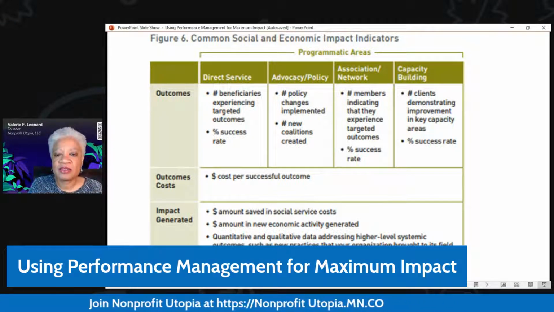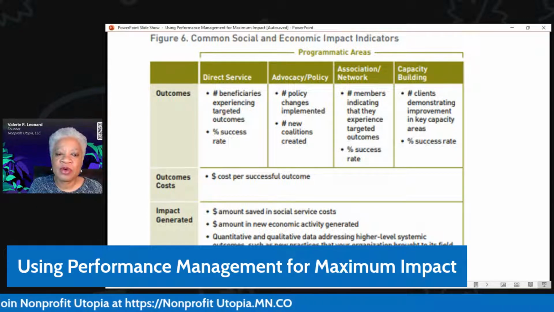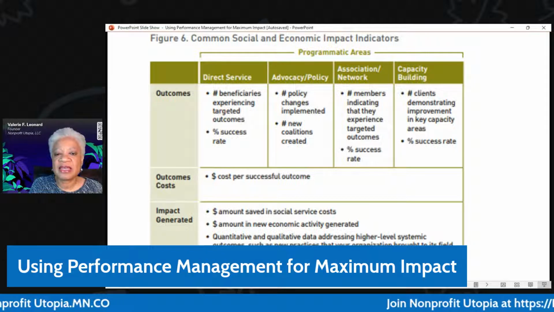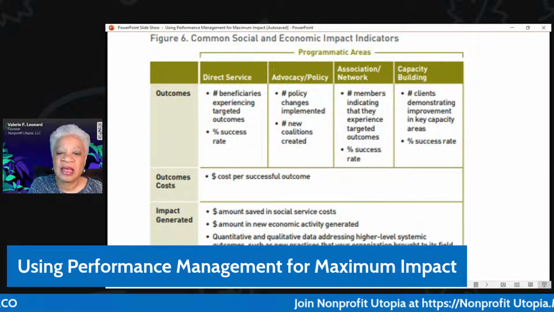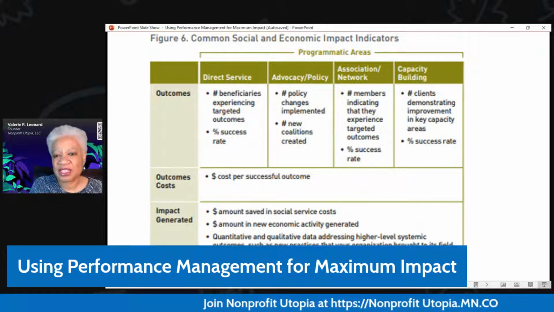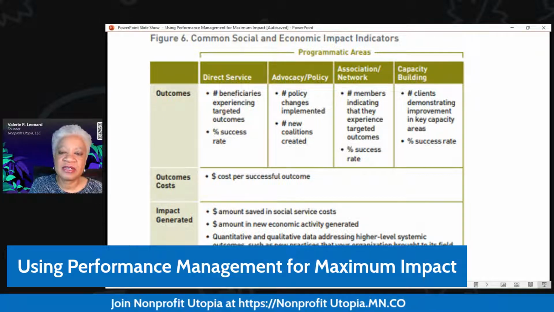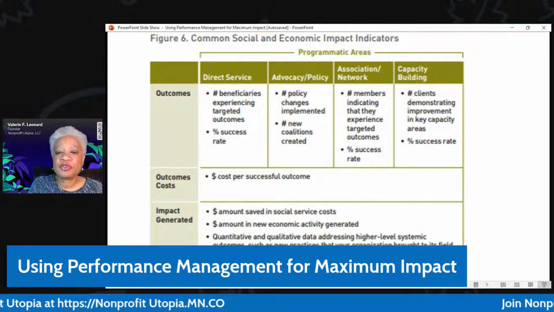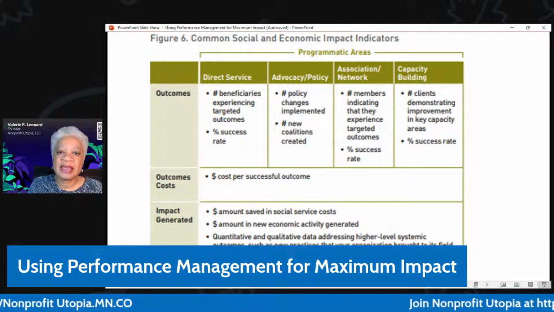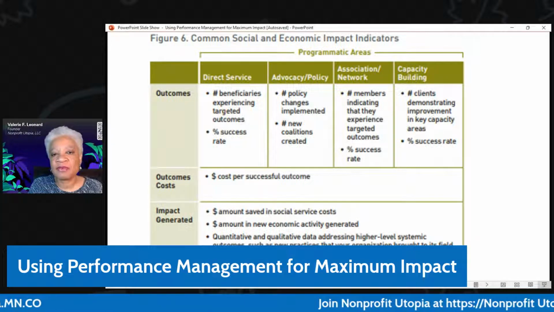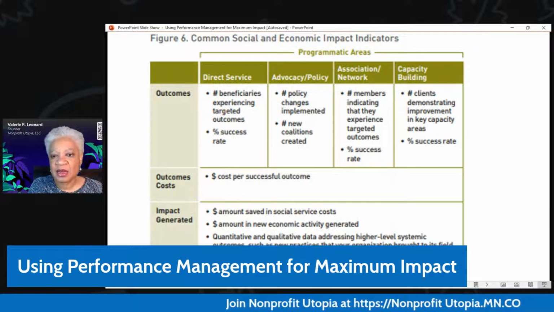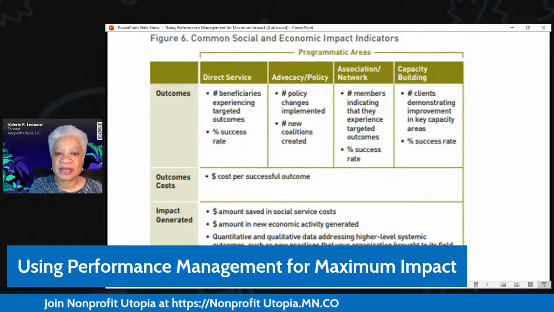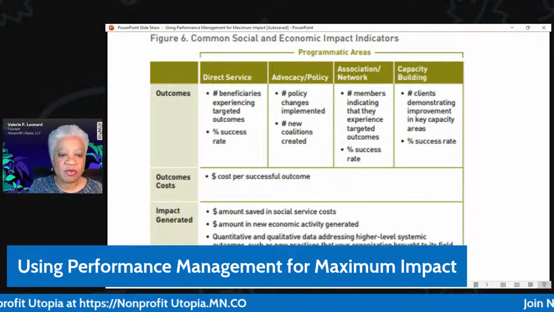When we look at it at the association and network level, we are looking at our outcomes in terms of the number of members that indicated that they experienced certain targeted outcomes. So that's just one example. And another example for capacity building could be the number of clients demonstrating improvement in key capacity areas that we will have already decided before we introduce those capacity building interventions for them.